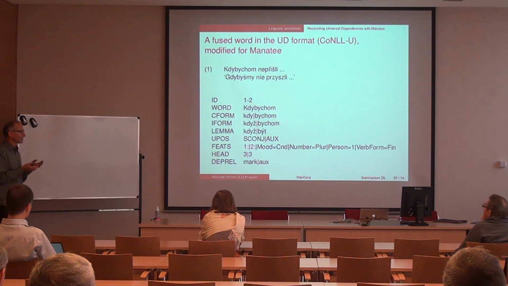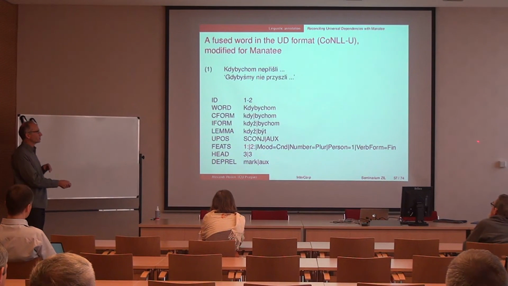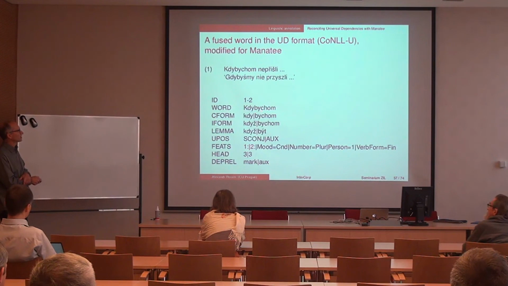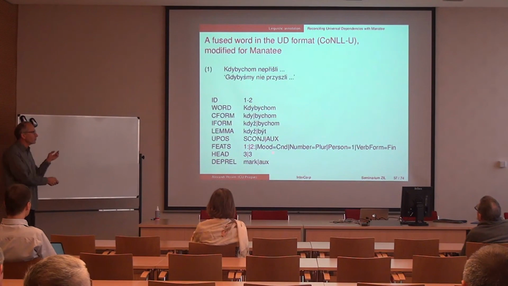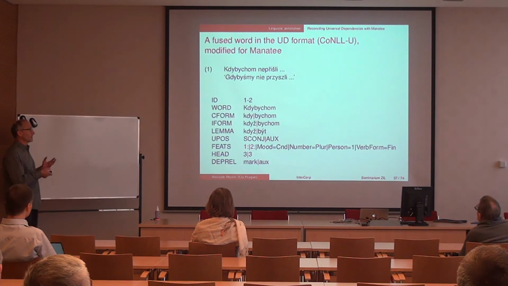This is just a way to say that all these features apply to the second part of the fused word, to this verb. Actually, bychom, this is a subordinate conjunction, and there is no category that applies to this. Of course, this is just one of the multi-values. There is no other way to do it in the Manatee formalism. But at least you have some indication that this is for the second part.